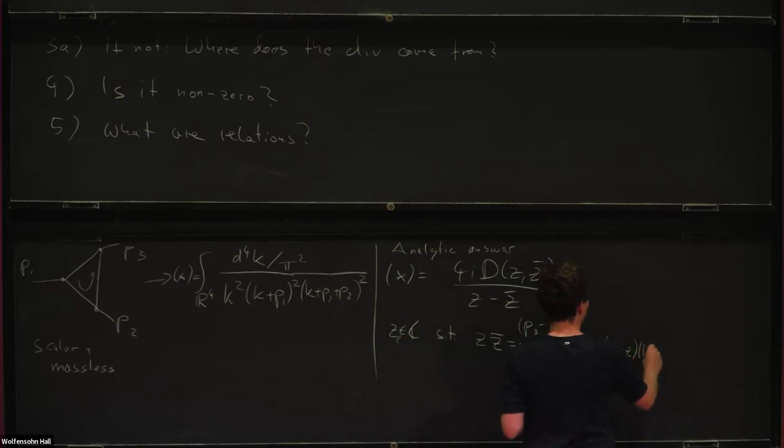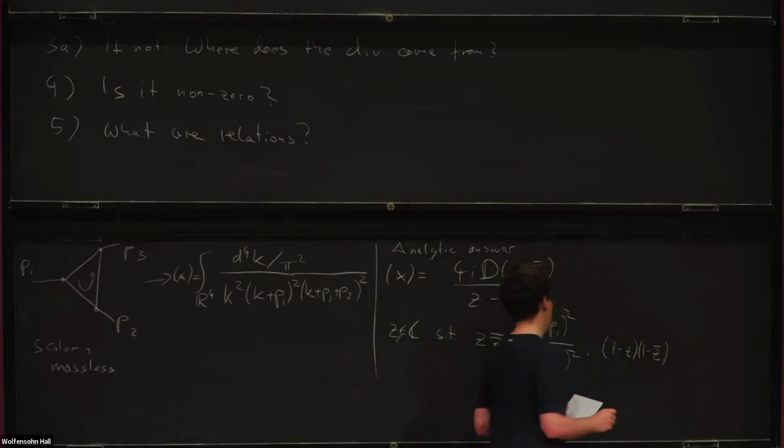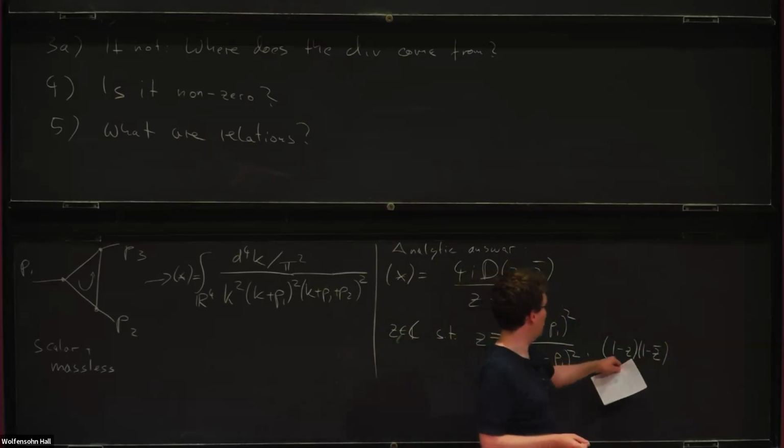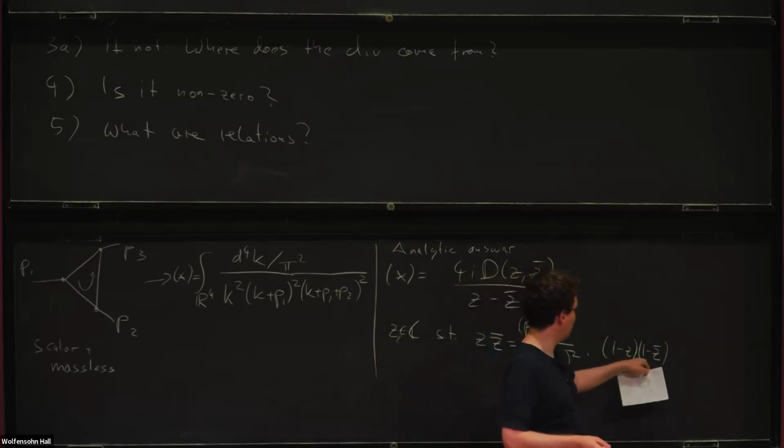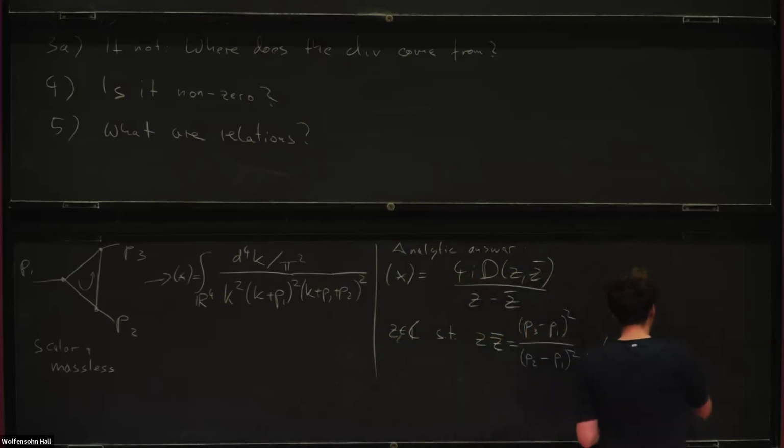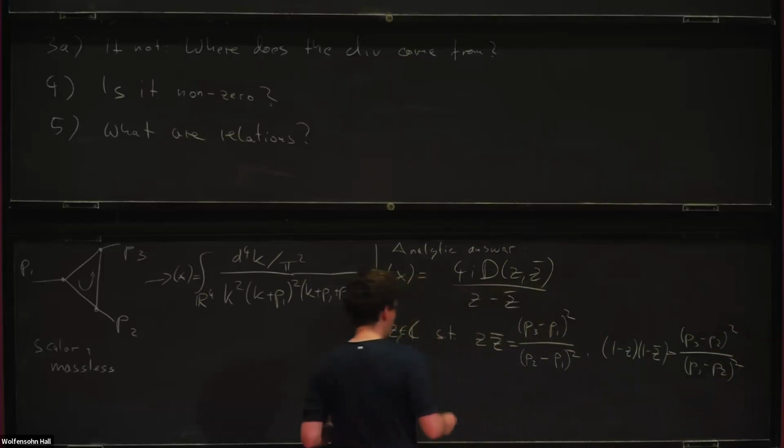And this is the following, that we have another expression for (1 minus z) times (1 minus z bar). And this is supposed to be (p3 minus p2) squared over (p1 minus p2) squared. And then there's an expression for this D function.